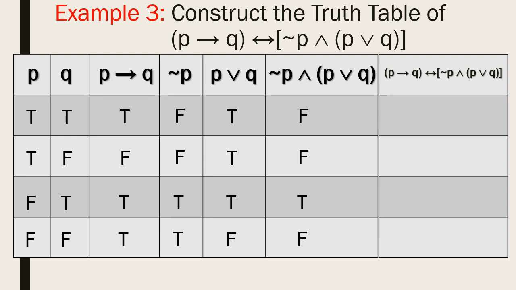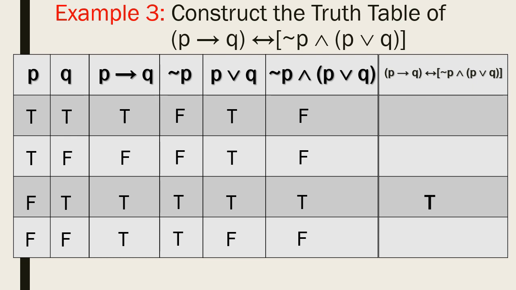Okay, and then for the entire given, you're going to look at the third and fifth columns. If and only if, the biconditional, it must be the same truth values to be true.